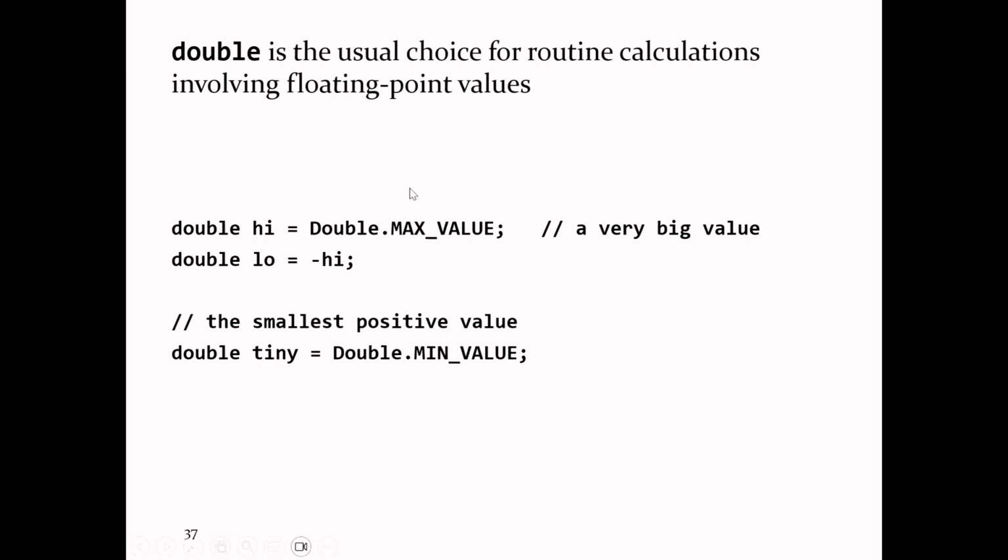That's stored in Double.MAX_VALUE. That's something like 10 to the 308, so it's some enormous value. The most negative value is just the negative of max value, so it's not Double.MIN_VALUE. Double.MIN_VALUE is something else. It's the smallest positive value, so it's the smallest value greater than 0 that you can represent. We'll get into this a little bit later on in the course.